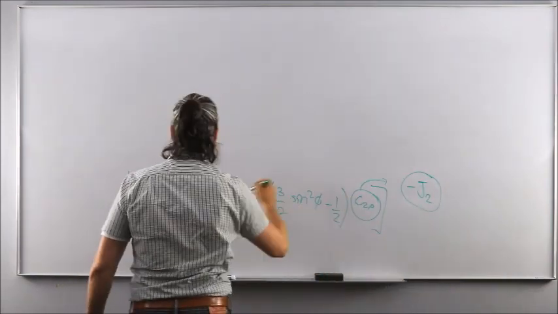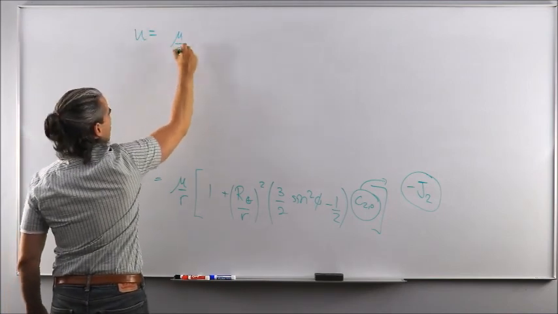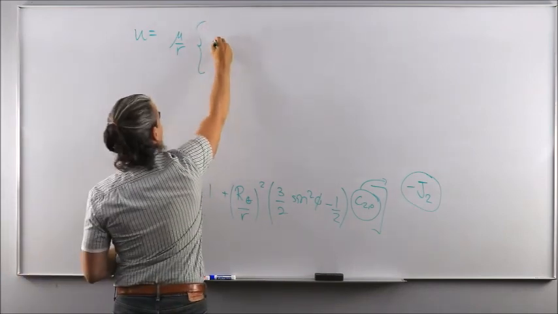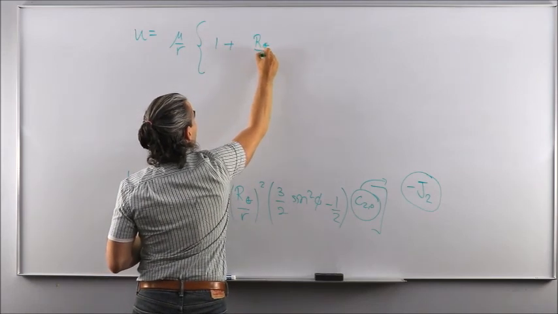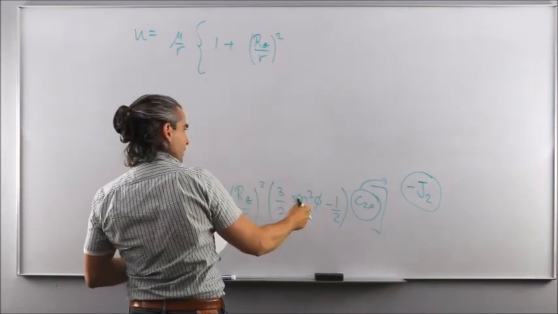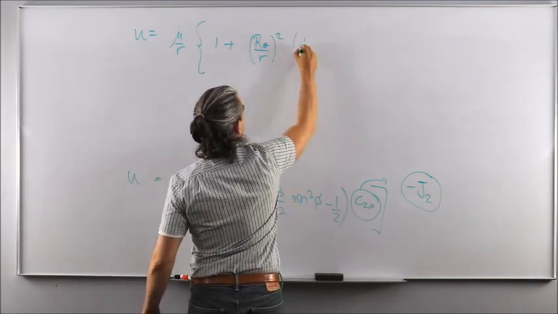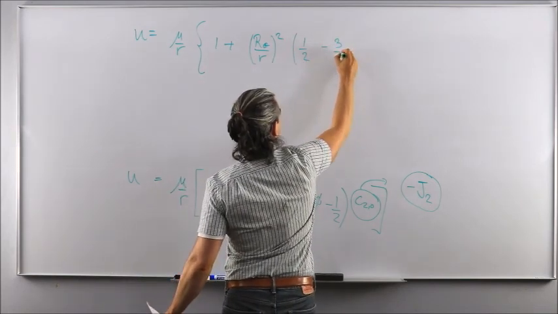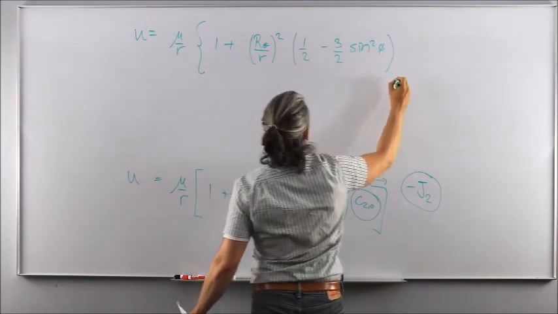So inserting that notation in here, I can then come in and write that my geopotential function will be mu over r, open the brackets, 1 plus r Earth over r squared, because there's a negative sign, I'm going to apply the negative sign to everything here. So times 1/2 minus 3 over 2 sine phi squared.